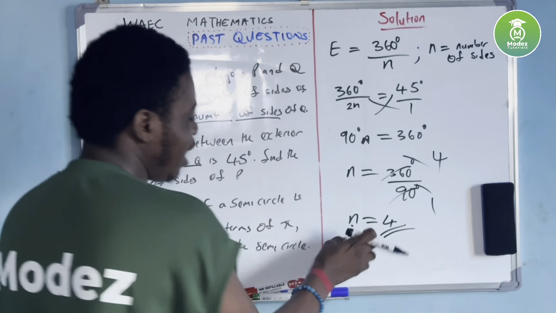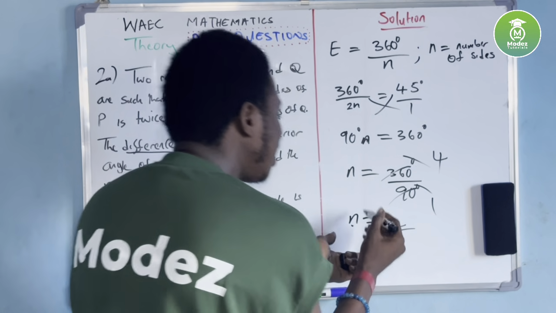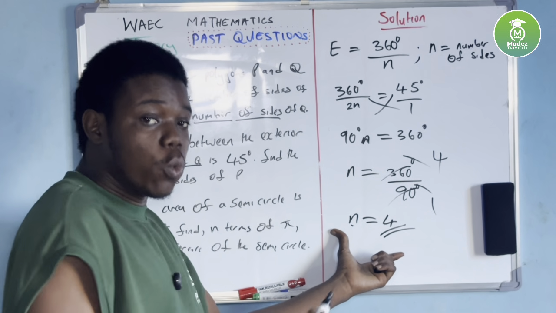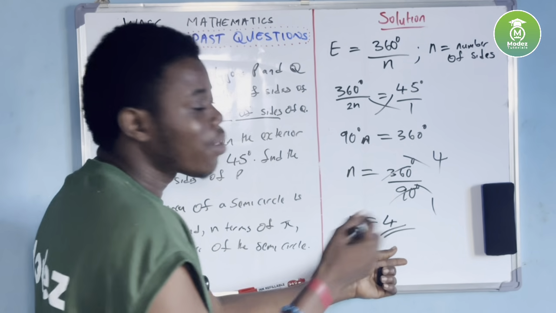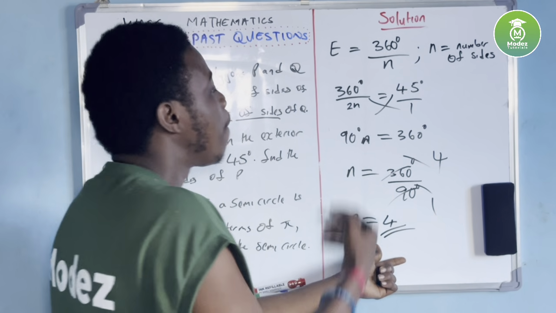Now don't forget that this is just n. This is the number of sides of Q. To get the number of sides of P, you have to multiply this by 2.